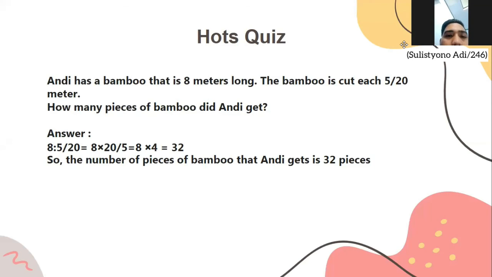Answer: 8 divided by 5/20 equals 8 times 20/5 equals 8 times 4 equals 32. So the number of pieces of bamboo that Andy gets is 32 pieces.